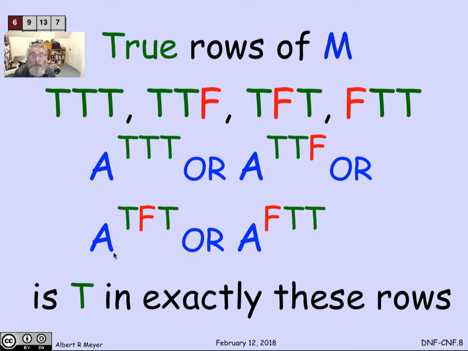Only these 4 truth assignments make it true. Let's check that. If I looked at the truth assignment all trues, then A TTT is true, and this is an OR, so as long as one of them is true, it's true. Likewise, the A super other assignments contribute a true when you use that assignment, so it makes the whole OR term true. And those are the only ways that these 4 terms are true. If it's not one of these 4 truth assignments, then all 4 of these ANDs of literals are false, so this whole OR is false.